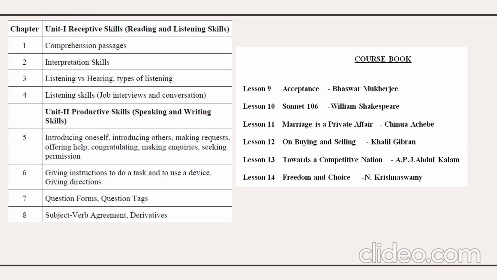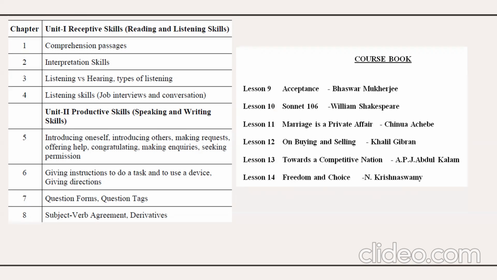Then an important topic here: how to give instructions to do a task, to use a device, and to give directions with the help of a map. Then you have remedial grammar here: how to frame WH questions, non-WH questions, question tags, subject verb agreement, and the derivatives, or we can say the vocabulary, prefix, suffix, etc. So that's for the 40 mark syllabus.